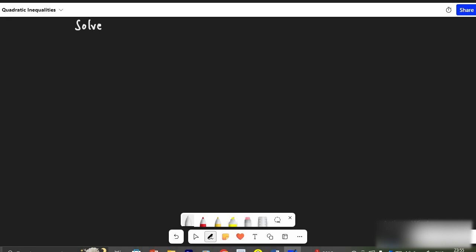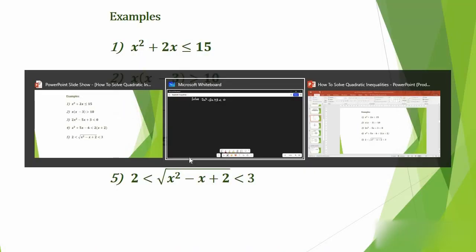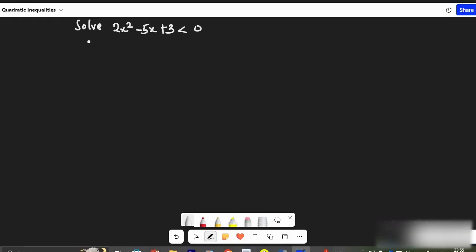Here it says solve 2x squared minus 5x plus 3 less than 0. Okay, so find the zeros of the function.